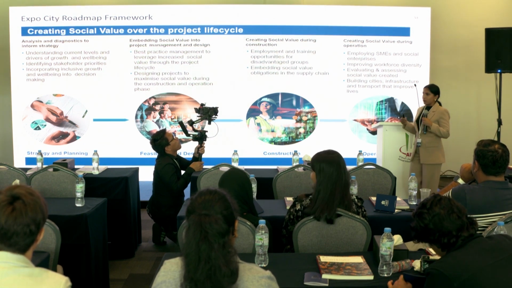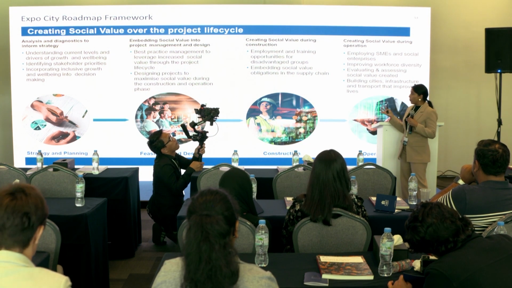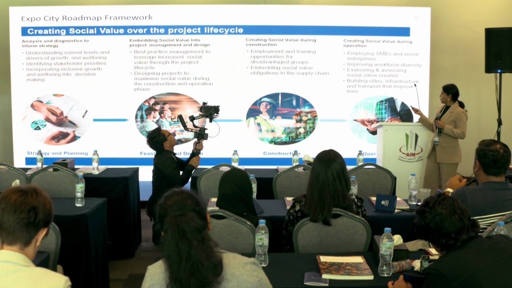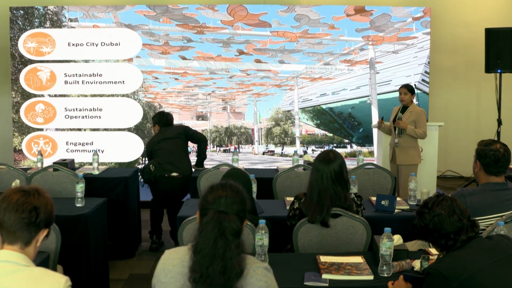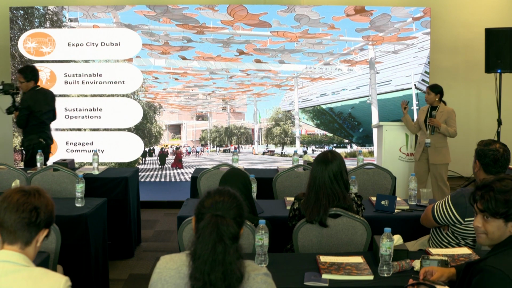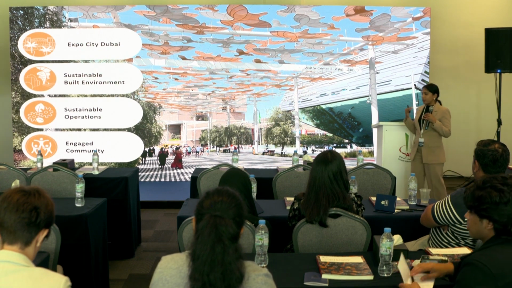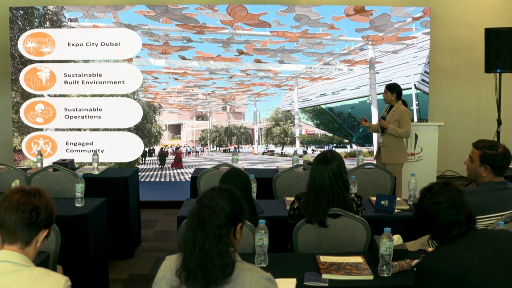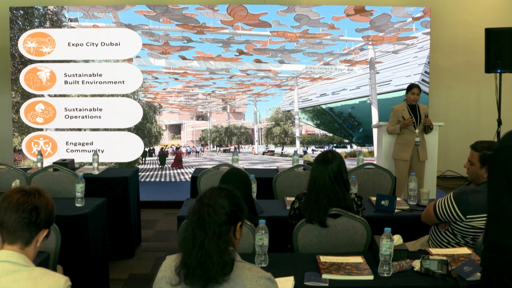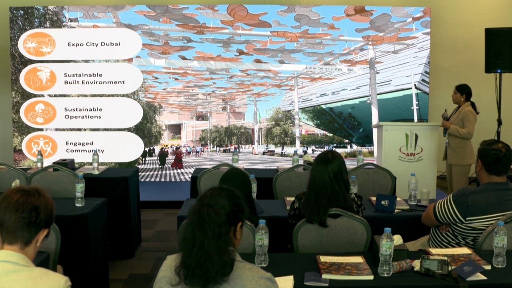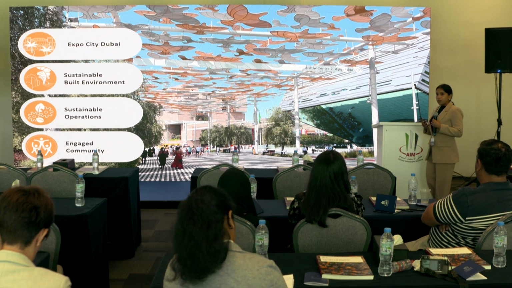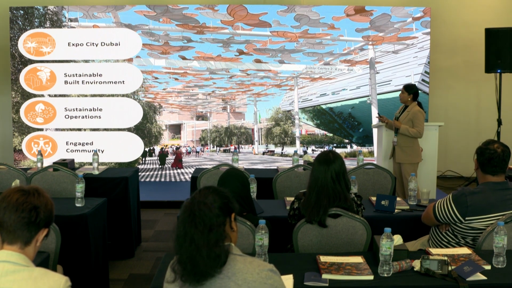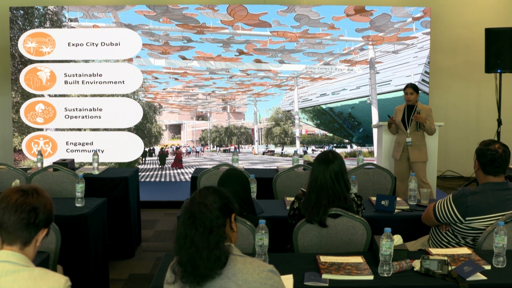All the values that have driven this whole process have been embedded into our layers, which you have seen initially: the physical layer, that is the built environment, and the operations layer, of how we are running the city, the day-to-day functions which add value to the users, the residents and the staff, and ensure that they feel connected to everything around them.